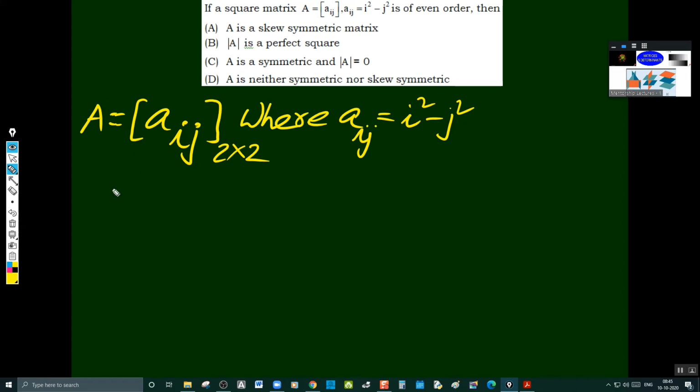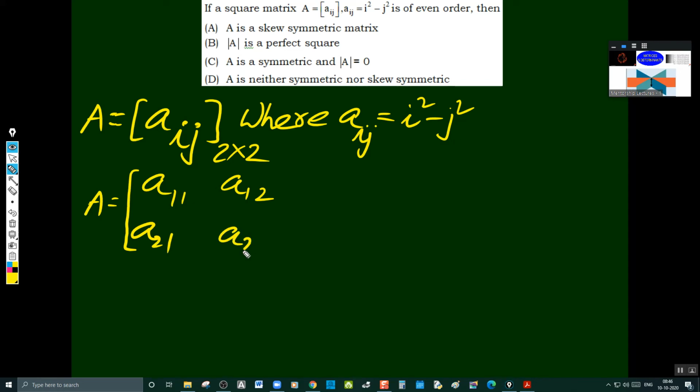Now let me write A of 2 by 2 order: A11, A12, A21, A22. Now it is clear that 1 square minus 1 square is 0.